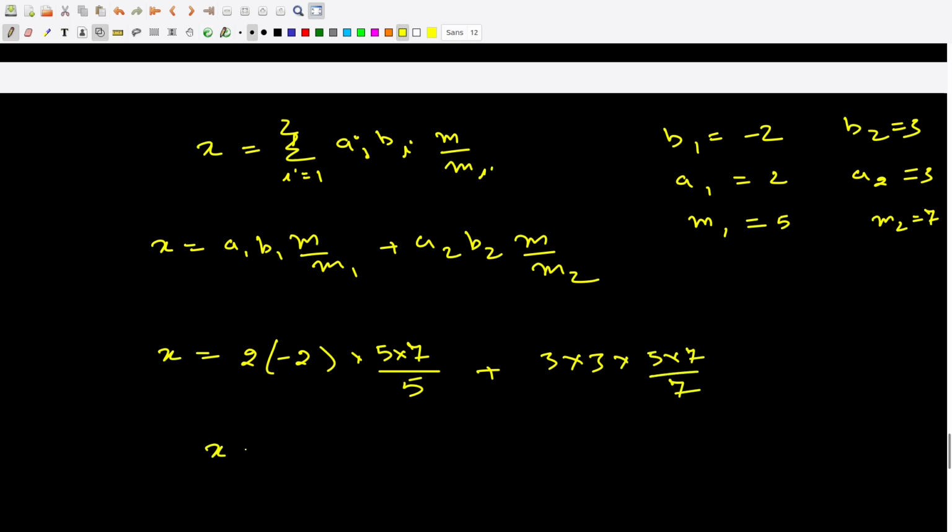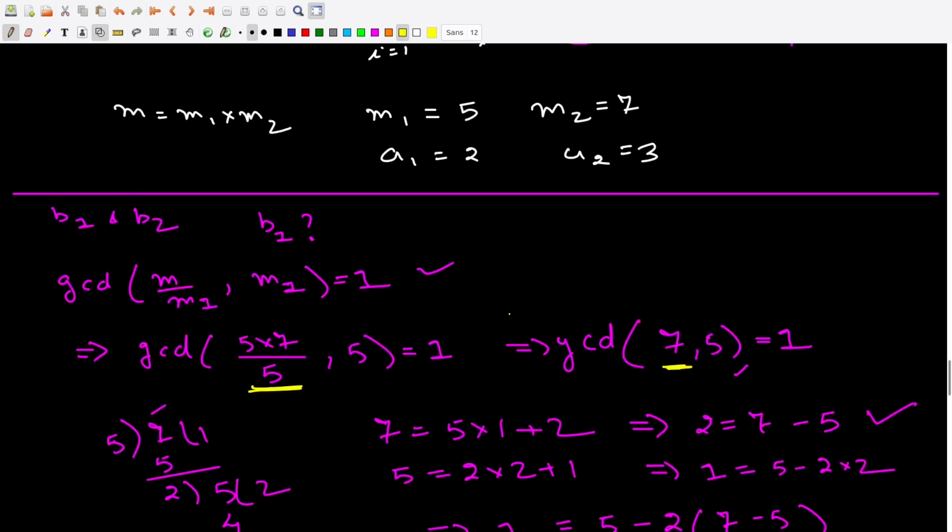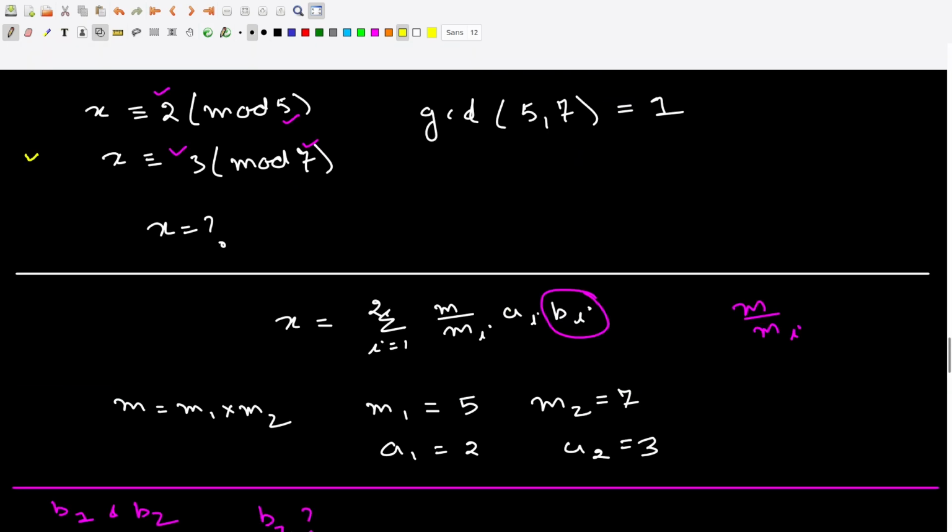So if we solve this, you will get x equals 17. So this is the value of x. So x equals 17 is something which is going to satisfy the equation.